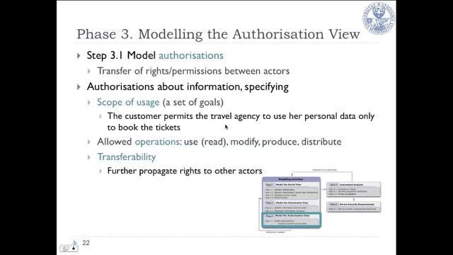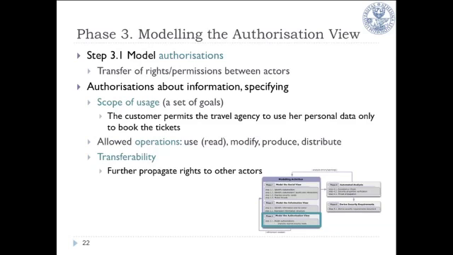So this is under the assumption that one actor would not grant authority to another one over his information for anything. You would provide this information and grant certain rights for a particular scope.